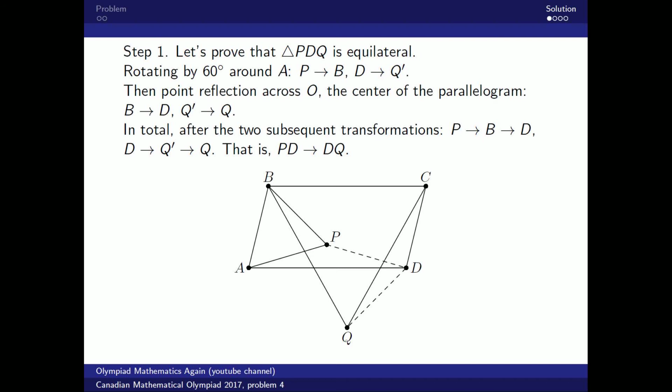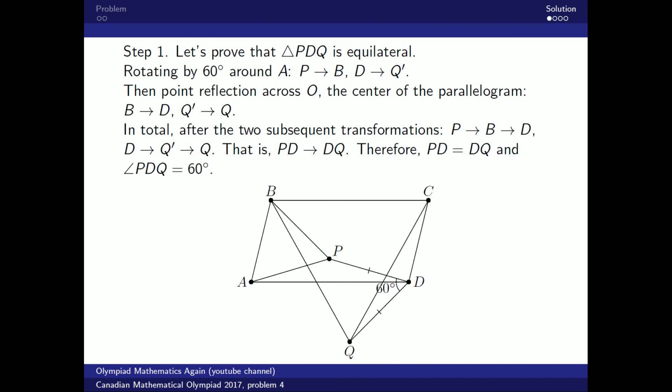The rotation always preserves the length, and the second transformation, point reflection across a point, also preserves the length, right? So if one segment goes to another, then these two segments are equal. Therefore PD is equal to DQ.